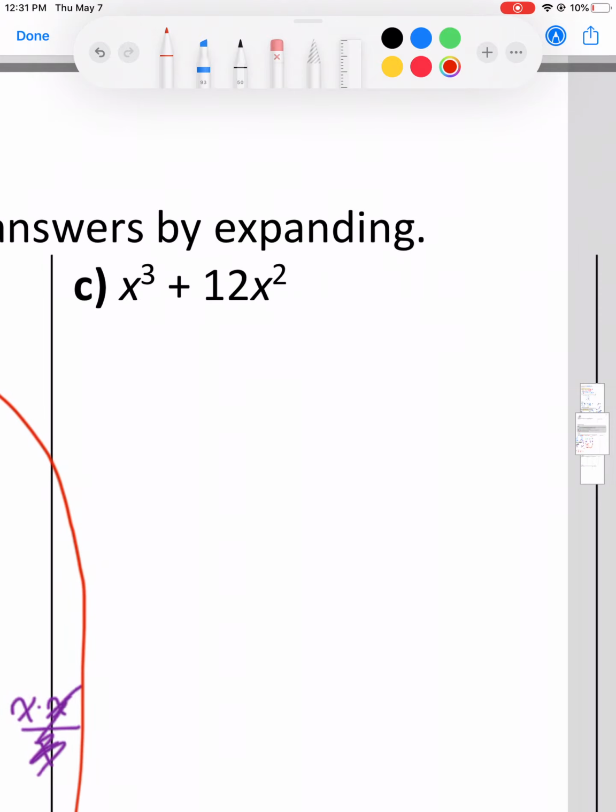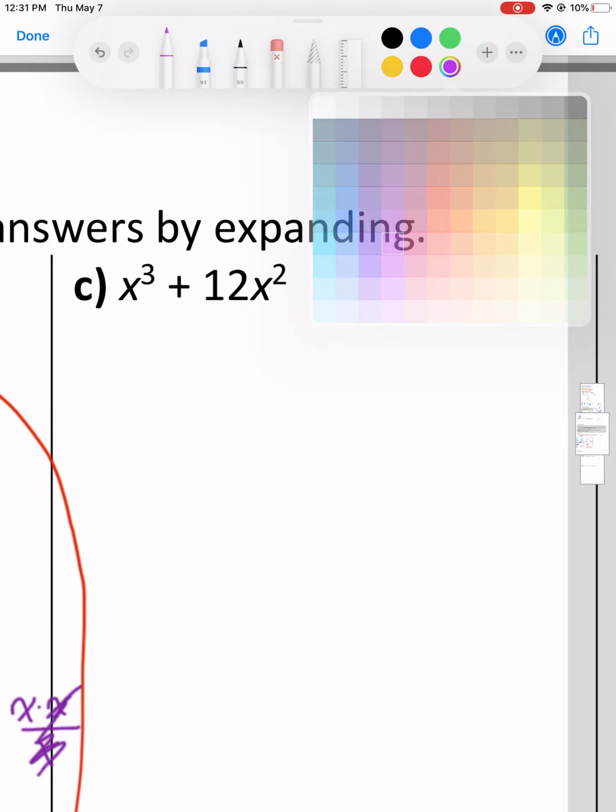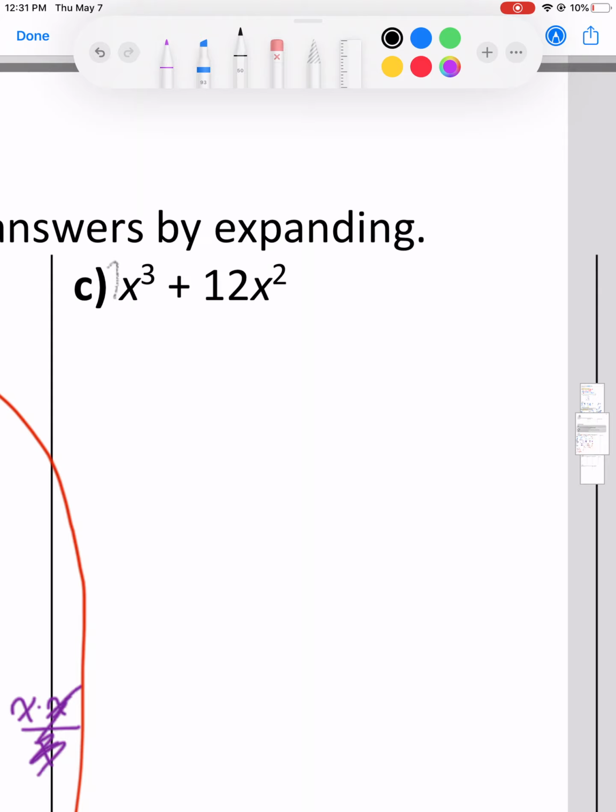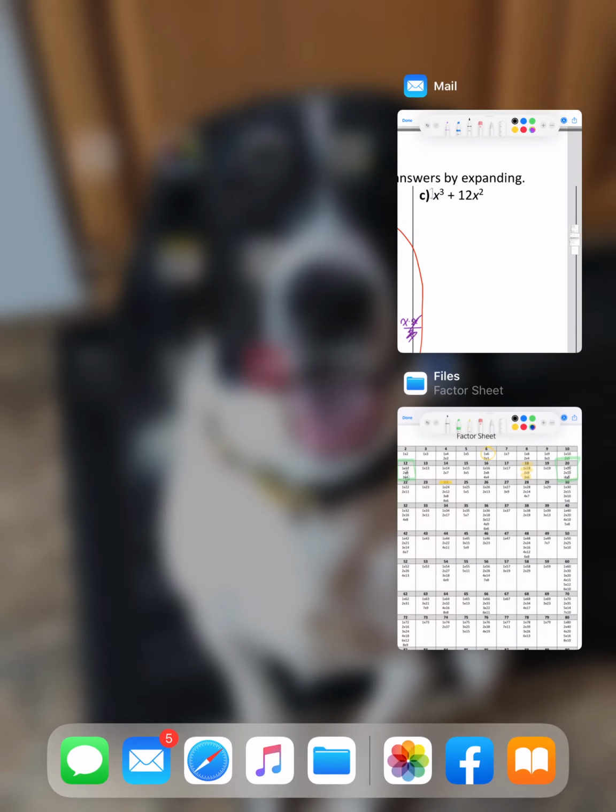For this one here, I'm just going to use one color, guys. I don't want to go back and forth anymore. So we have x cubed plus 12x squared. We have to remember there's a 1 here. For the greatest common factor for 1 and 12, it has to be 1, because the only number that multiplies with 1 is 1.